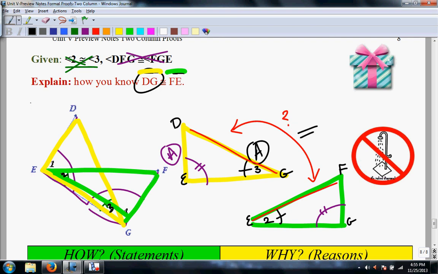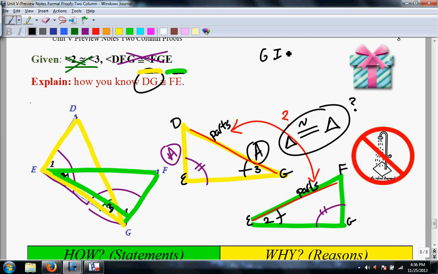So there's a simple property that says if I can get the triangles congruent, then I can say the parts are congruent, which would be these two sides. So we have to figure out a way, how can we get these triangles congruent? We marked our given. Let's check out implied and freebies.